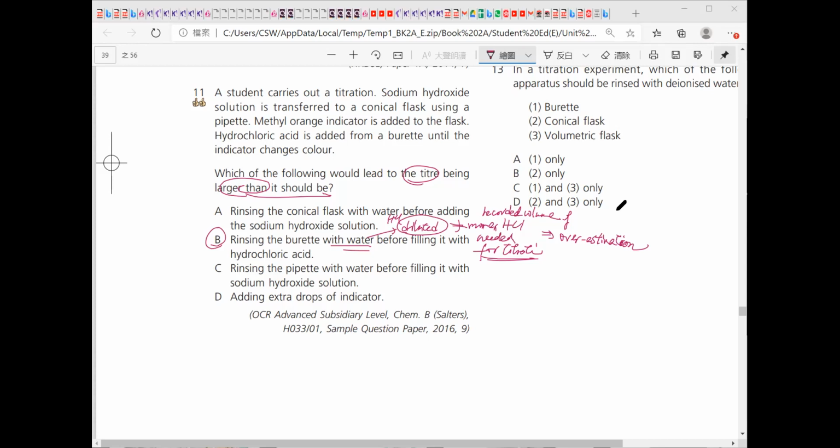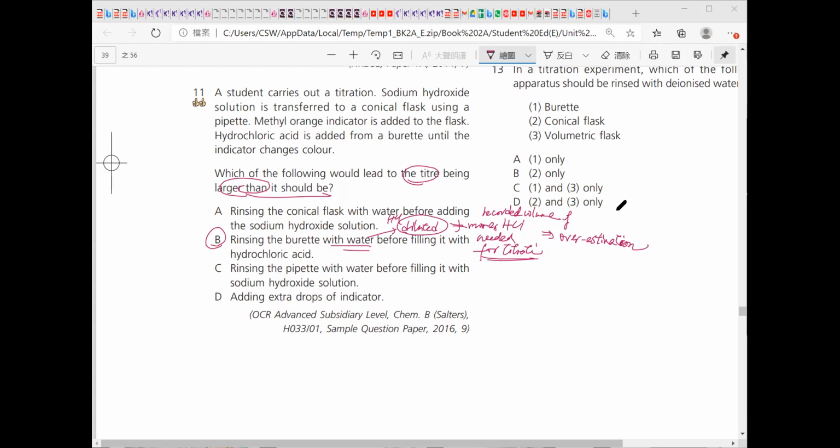Why? Because the NaOH is reduced, so less HCl is needed to neutralize. What determines how much acid is needed, the pH of the solution or the number of moles? The number of moles of the NaOH determines the number of moles of hydrochloric acid that is needed to react with the alkaline.